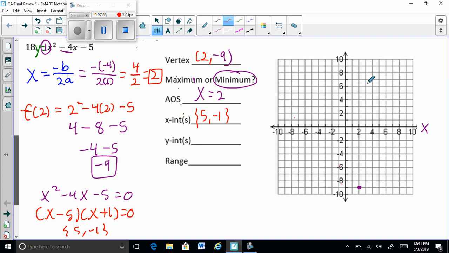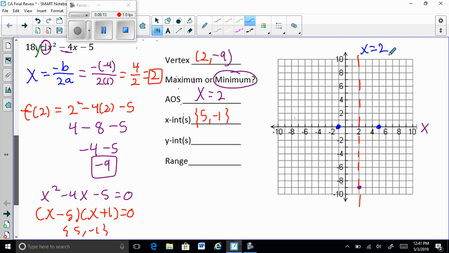Okay, and let me draw my axis of symmetry, and we'll see that those x-intercepts are equal distance from my axis of symmetry. 5 right there. So you can see that they're equal distance from the axis of symmetry.